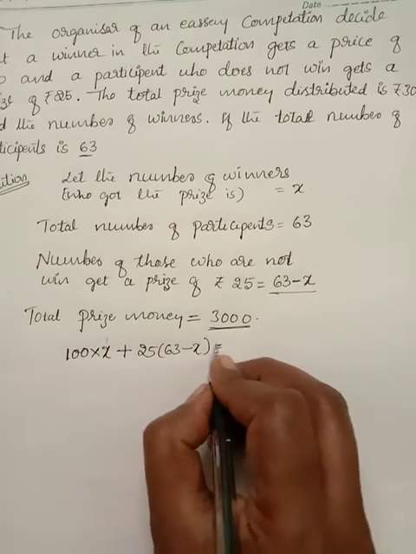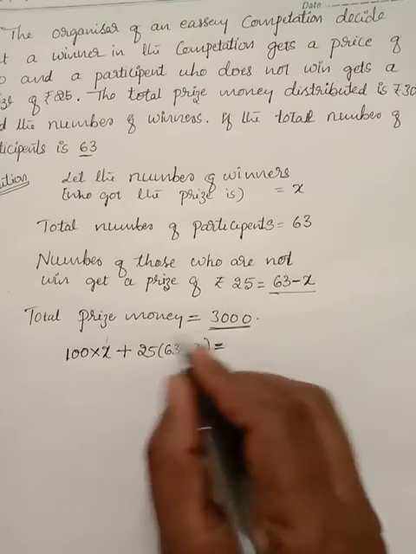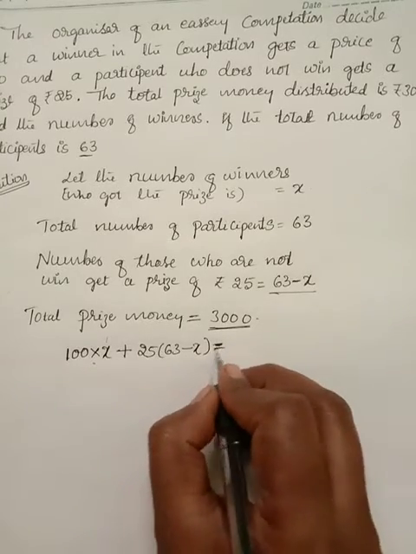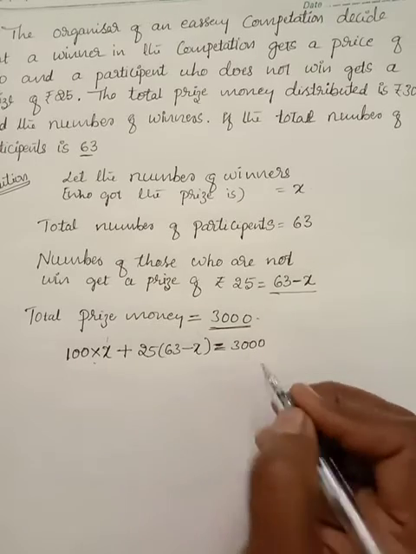Totally the amount of this competition is 3000 distributed to winners and non-winners. Okay, 3000 rupees also you write.